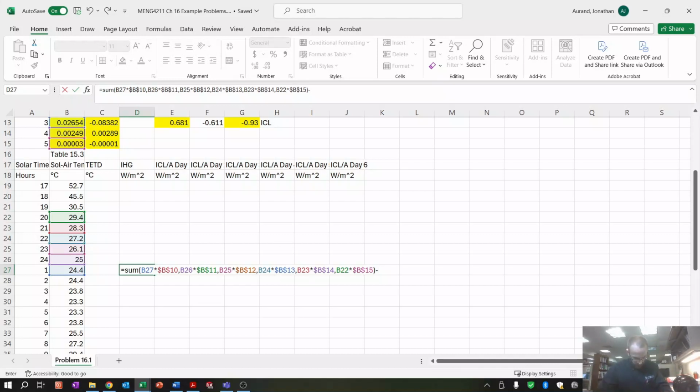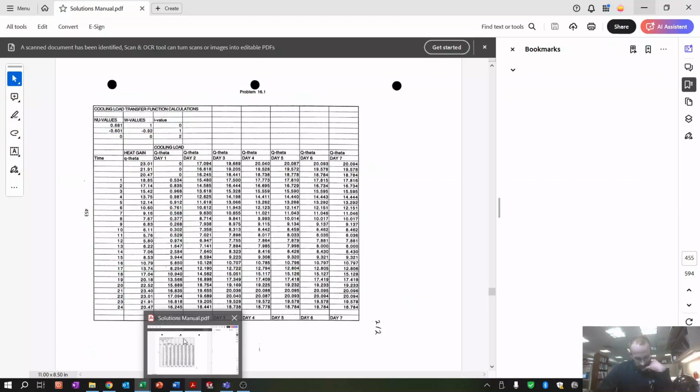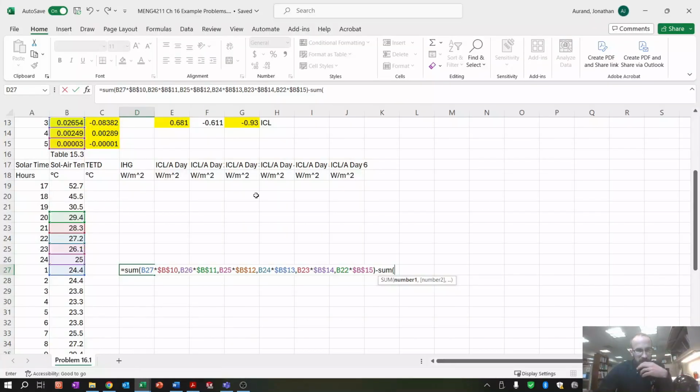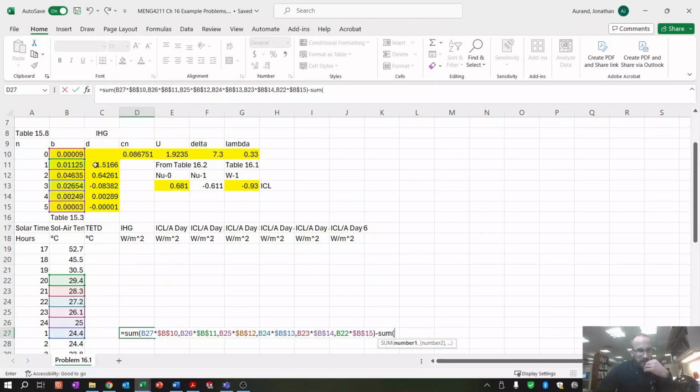And then the next term is minus the sum of our D's times our previous flows here.